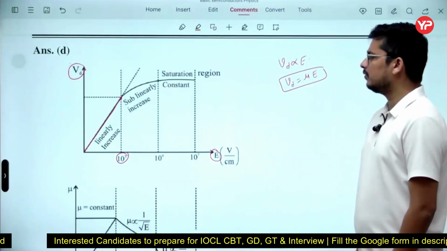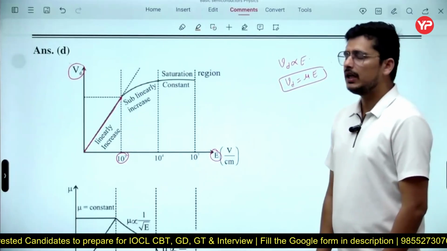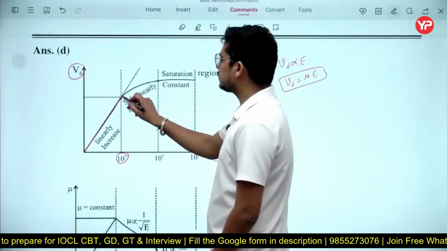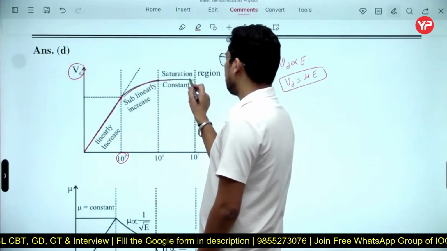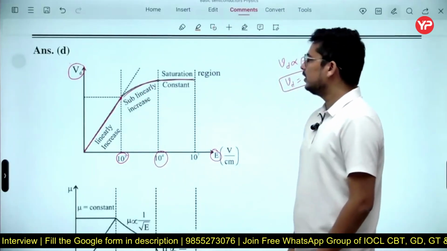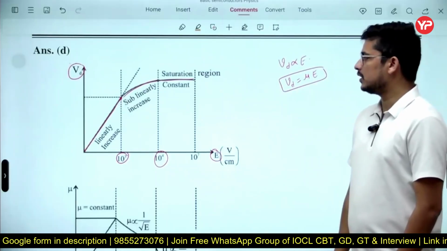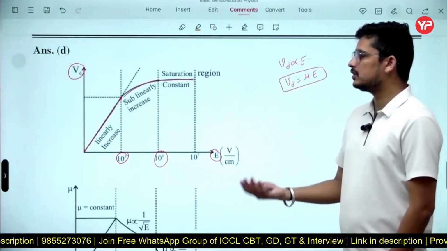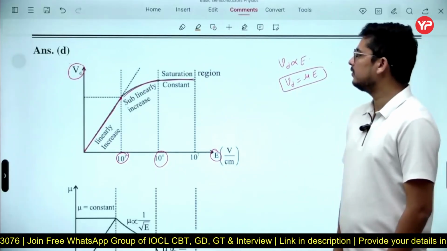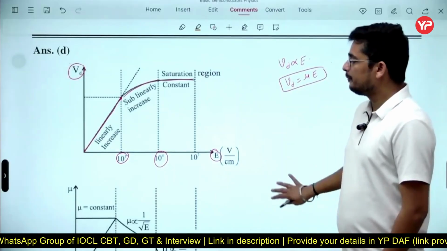After that, as you increase the electric field, it will not follow the linear relation, it goes sublinear, and then after 10 raised to power 4 it gets saturated, meaning constant. If you increase the electric field after that, drift velocity will not increase.